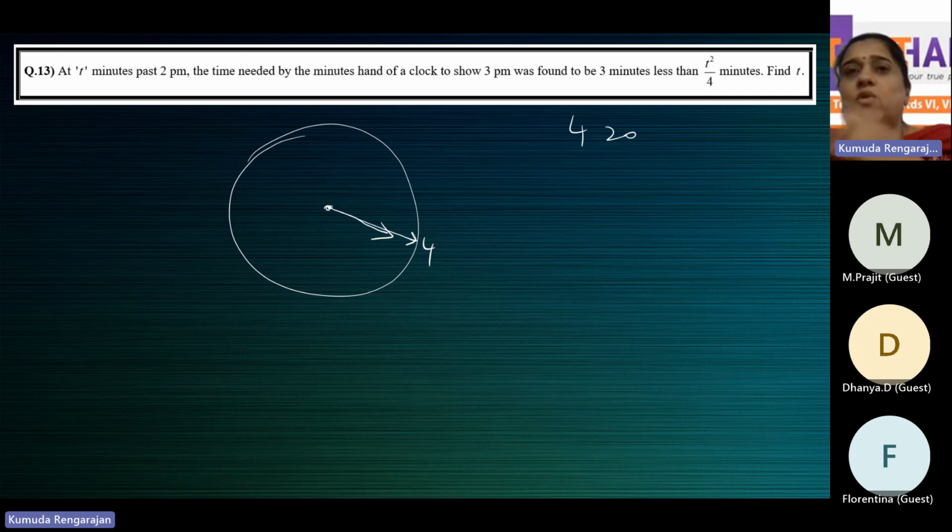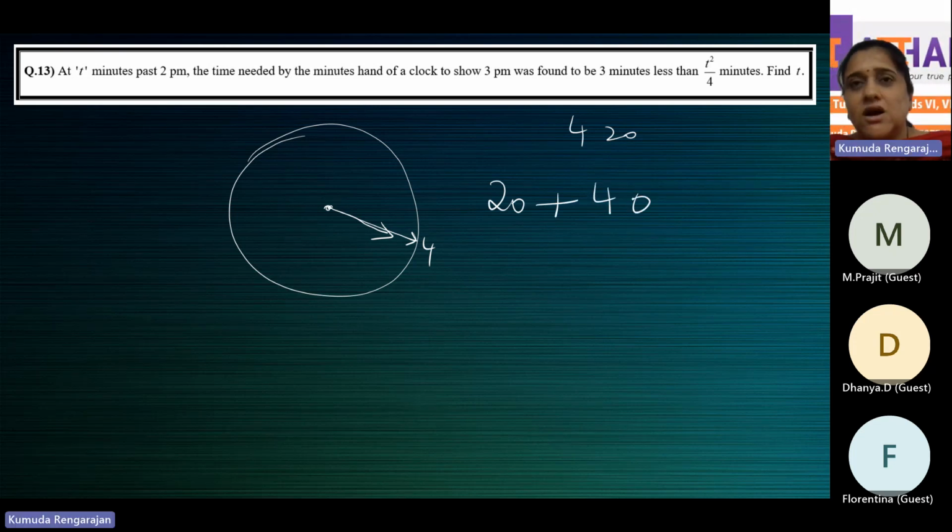See, why am I talking about 4 and 5? Because after 4 o'clock is 5 o'clock, right? Now, this 20 minutes past 4 and 40 minutes to 5 will always be 60 minutes.